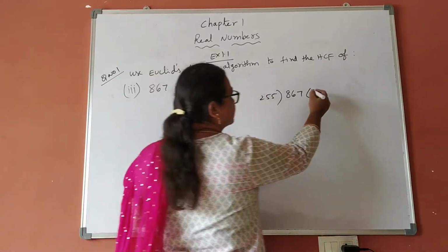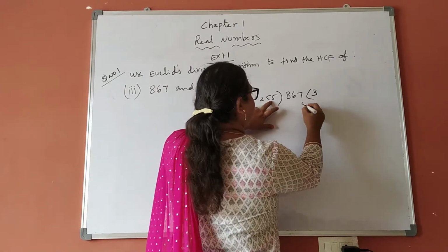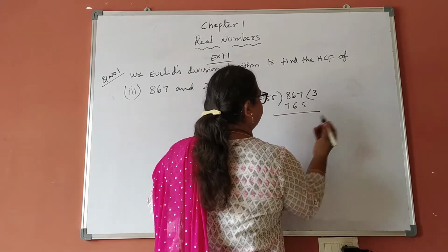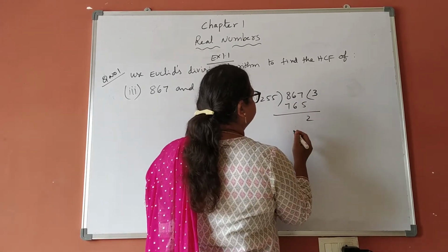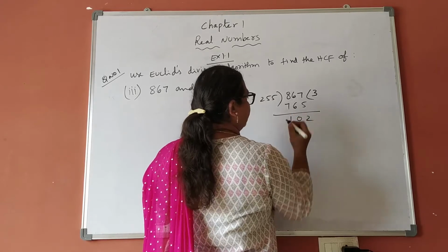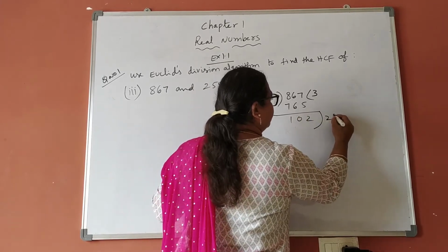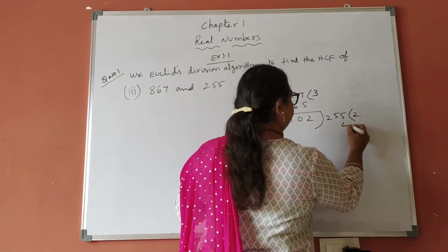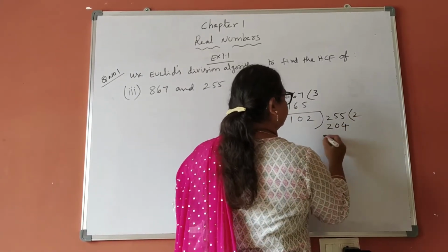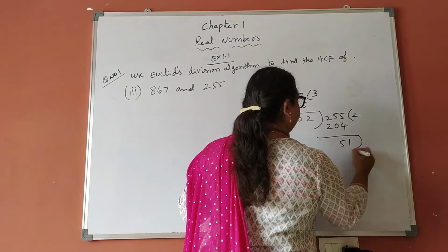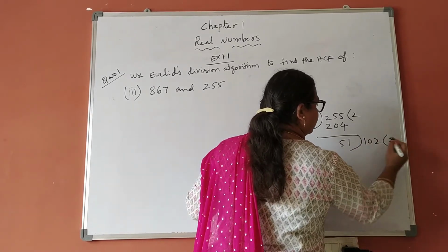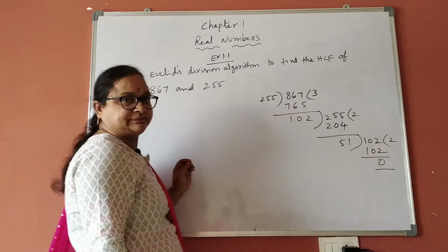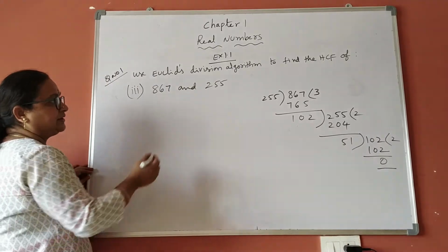Obviously it will go 3 times. 765, so the remainder is 102. Then 255 divided by 102, exactly 2 times, 204, remainder 51. Then 102 divided by 51, 0 remainder. Now we will write the algorithm.